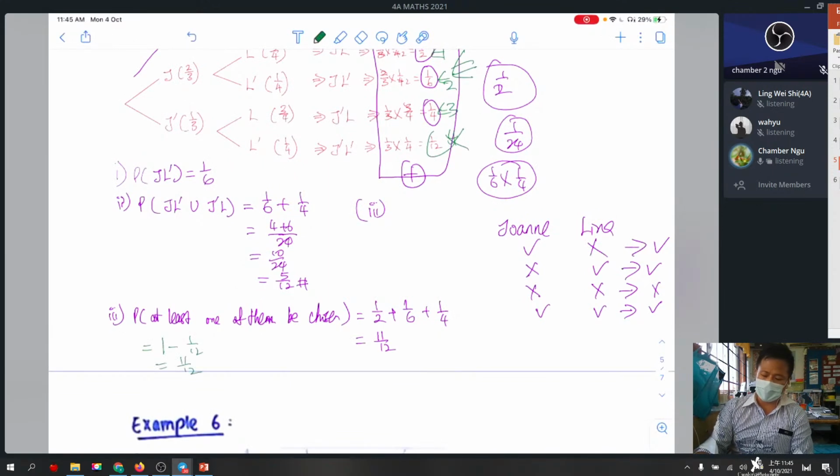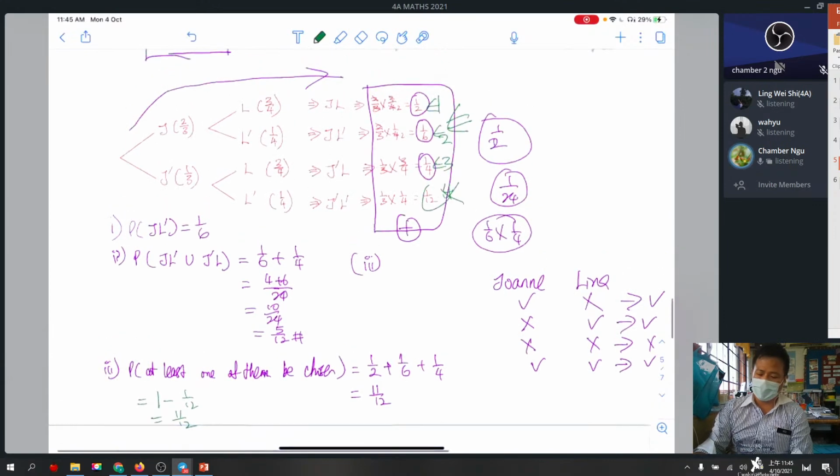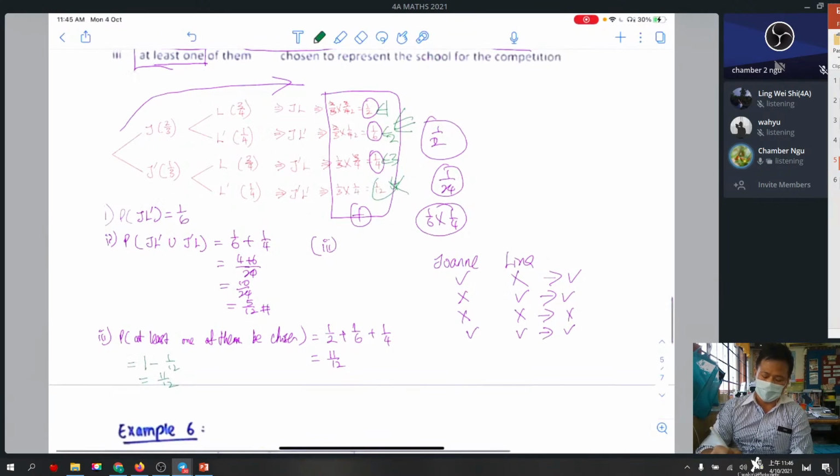So also the same answer. Because 1, 2, 3, 4, when we add it all together, we get 1. Since daripada you tambah 1, 2, 3, you boleh juga 1 minus 1/12. This one you will learn more in additional maths. When the form 5, you have to learn this one. Okay, so this is the answer.